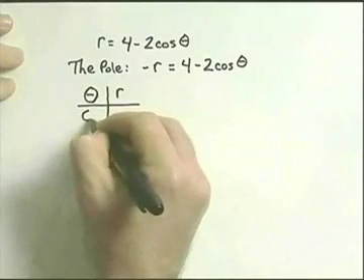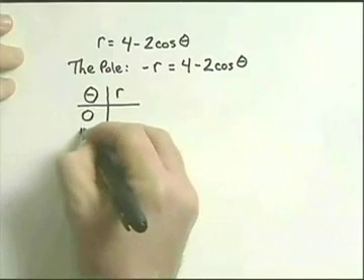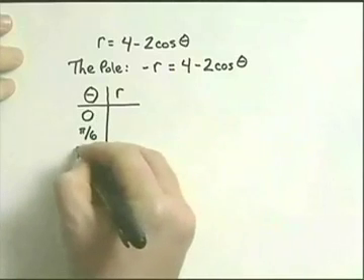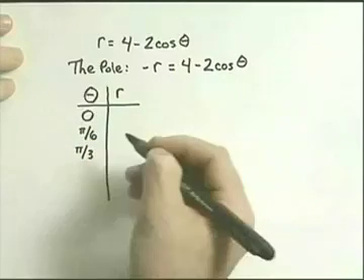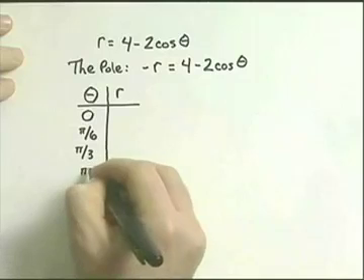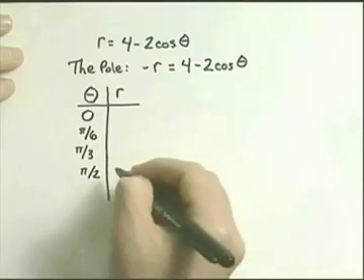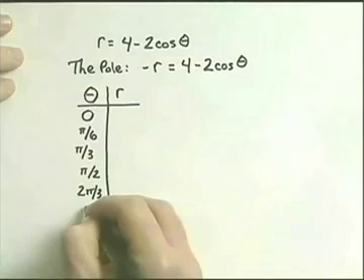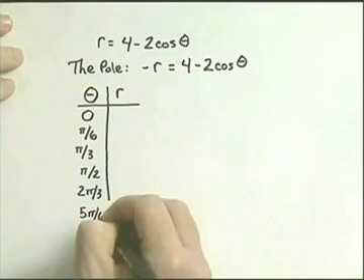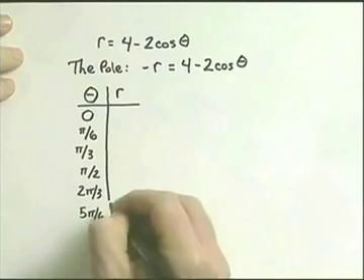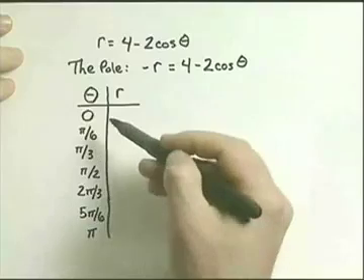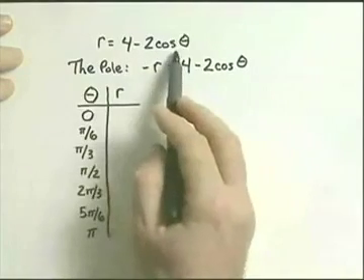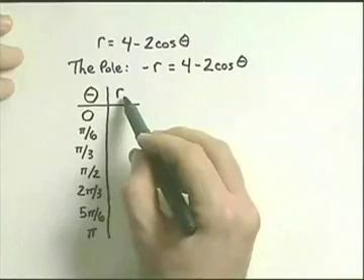So the values of theta that I'm going to choose are ones that give me nice values: theta 0, pi over 6, pi over 3, pi over 2, 2 pi over 3, 5 pi over 6, and then pi.